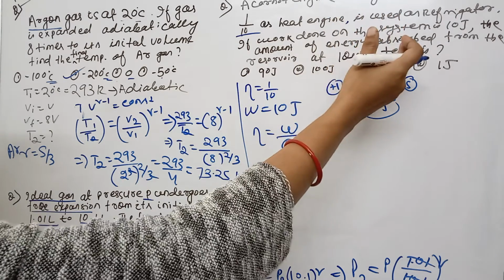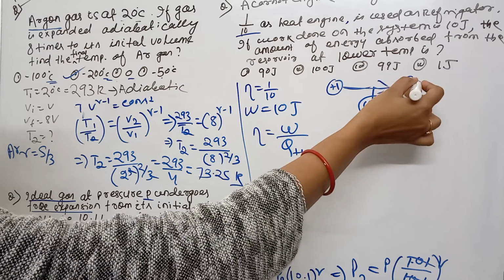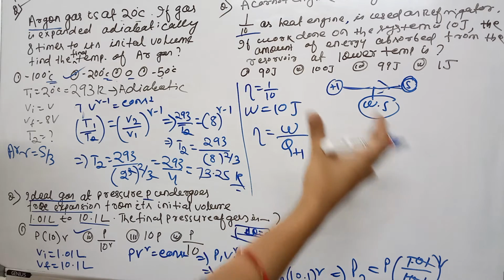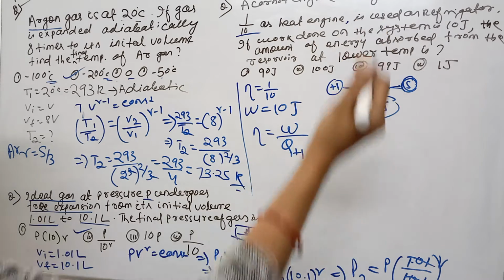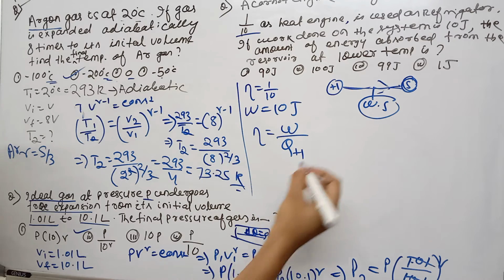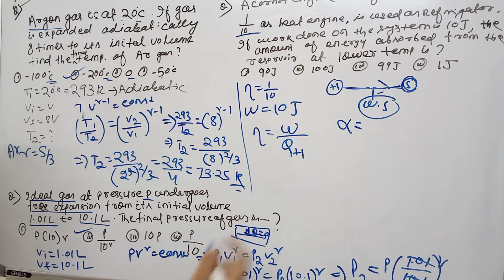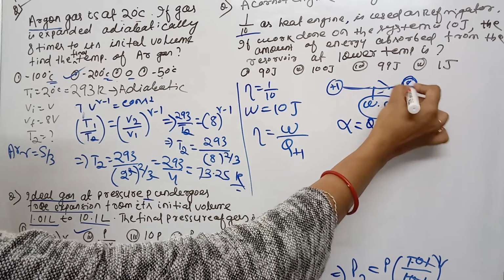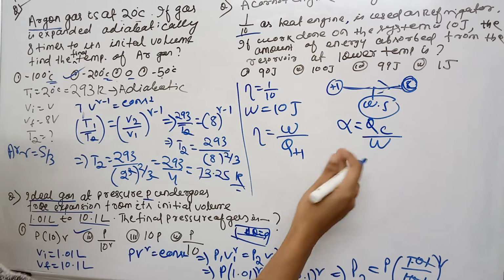But in case of a refrigerator, what is happening here? You are extracting heat from the sink by doing some amount of work. Suppose in case of your refrigerator, it's a compressor which is doing work to extract heat from the sink, which is maintained at a lower temperature. So here the efficiency of the refrigerator, alpha, is equal to QC upon work done W. What is the work done?